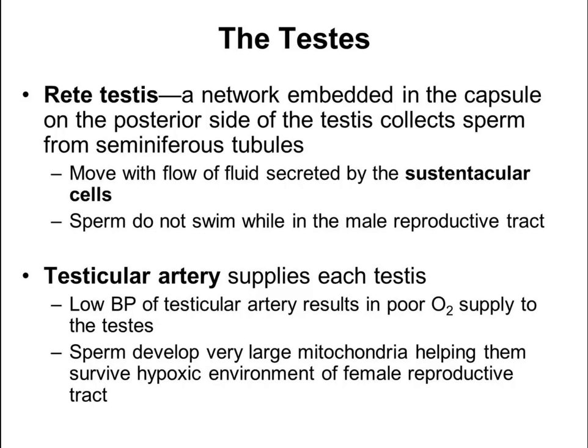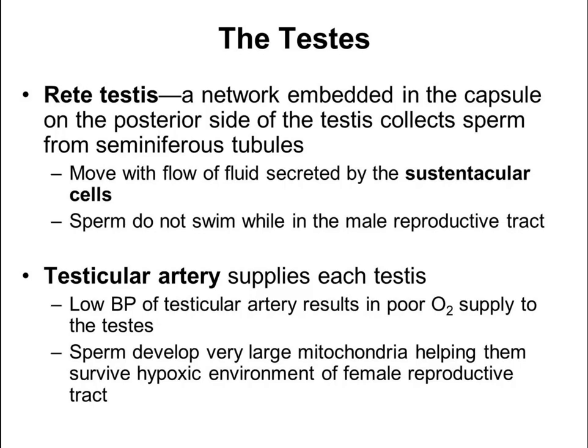And then there is a testicular artery that supplies each testis. And there is a low blood pressure in the testicular artery, which results in poor oxygen supply to the testes. Therefore, sperm actually develop very large mitochondria, which you remember is an organelle within the cell that produces ATP.